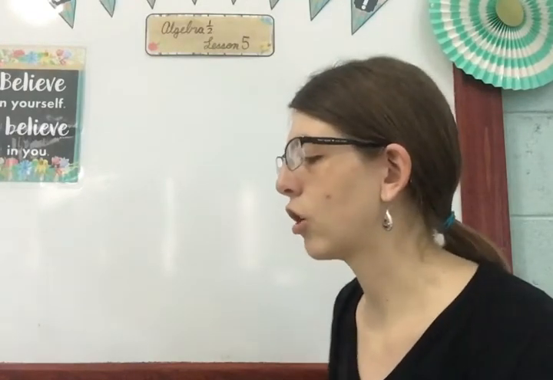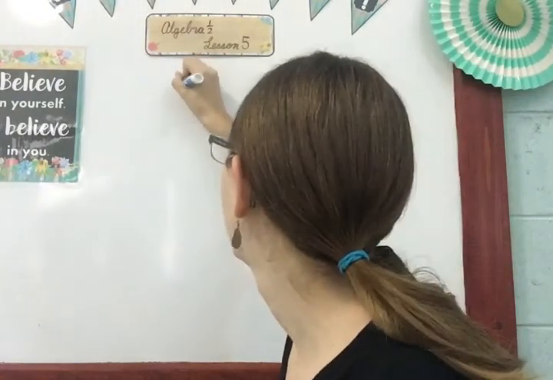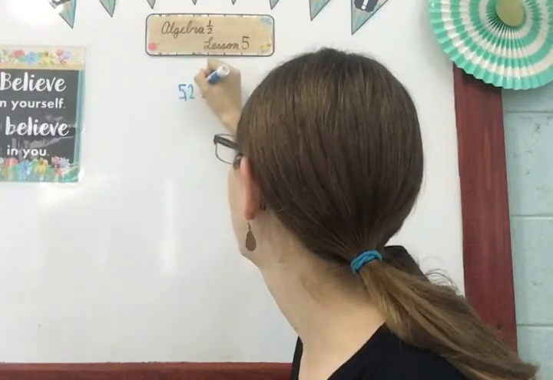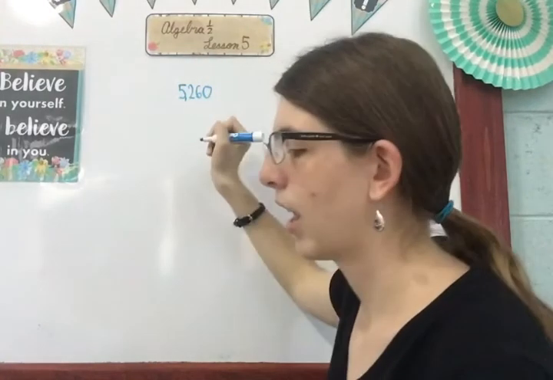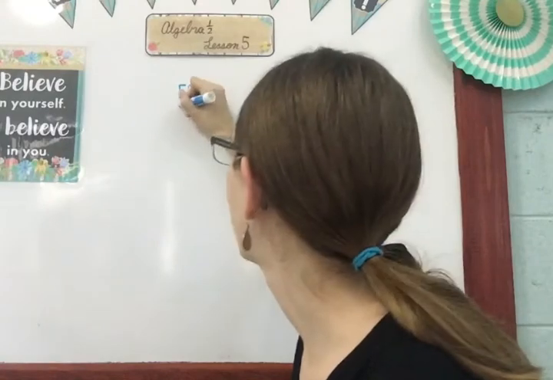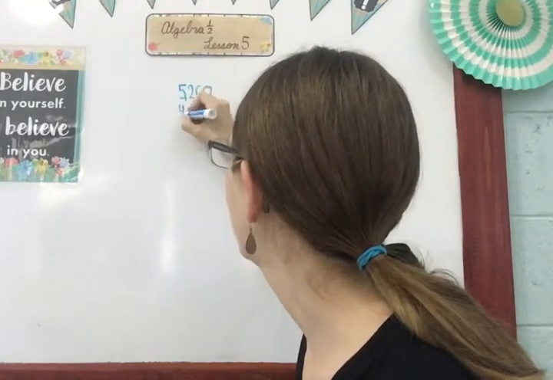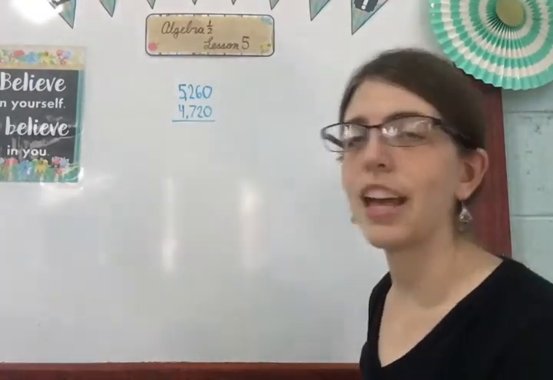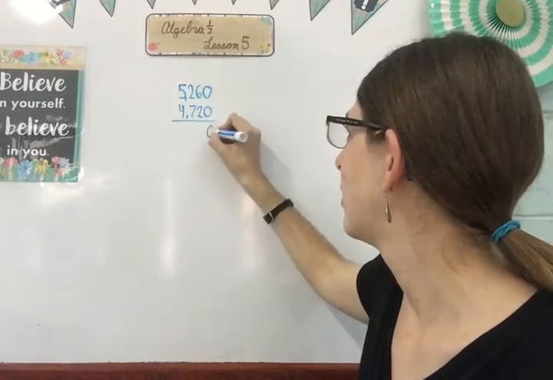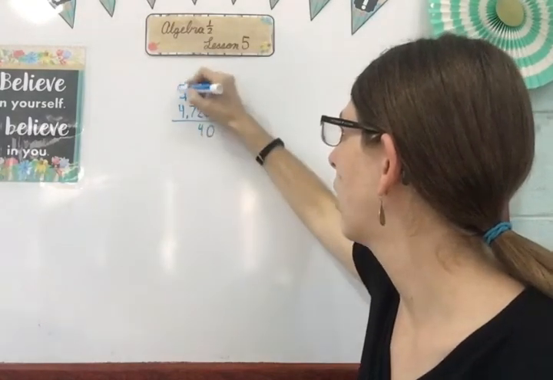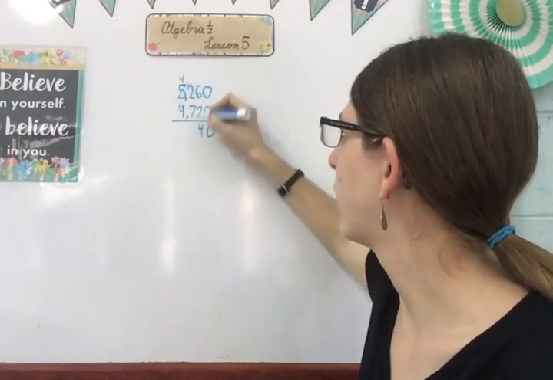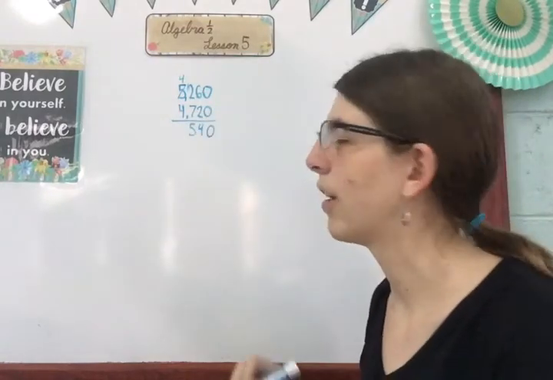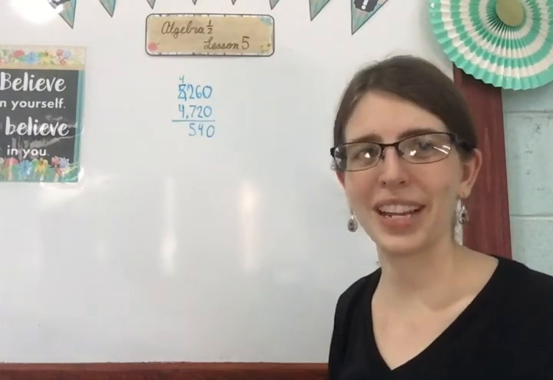We have to put the larger number on top, 5,260, and then we put the smaller number, 4,720. And then you subtract. 0, 6 minus 2 is 4. Borrow, 12 minus 7 is 5. So 540 is your answer.